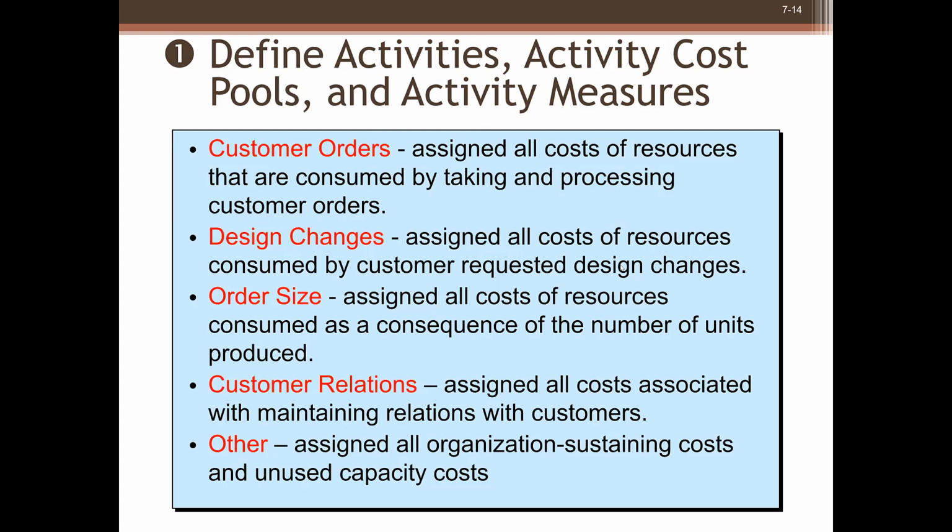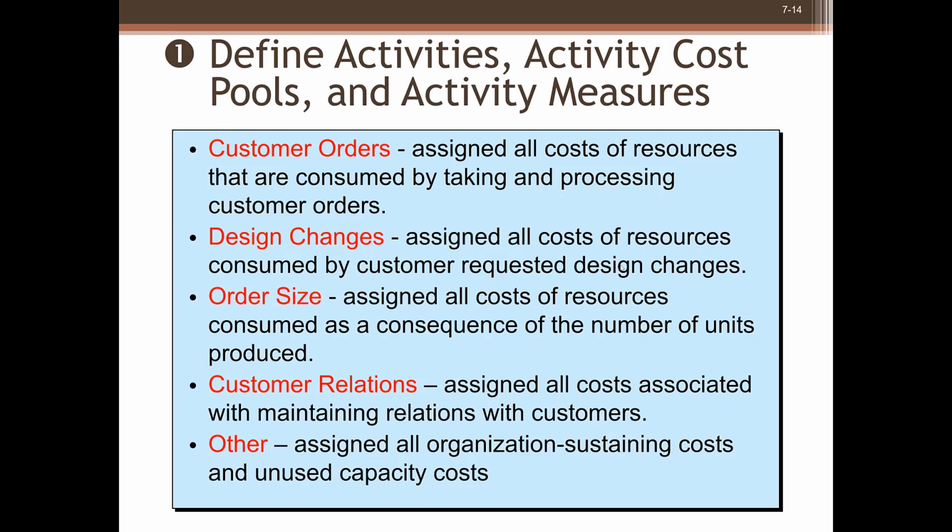Order size assigns all cost of resources consumed as a consequence of the number of units produced. So the activity measure is total machine hours. Customer relations assign all costs associated with maintaining relations with customers.